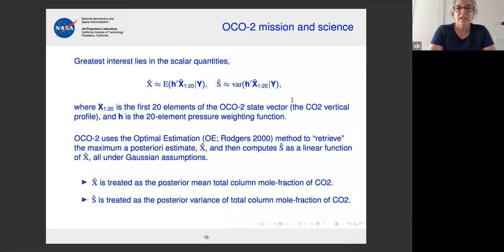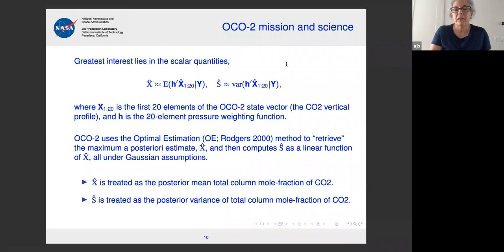So the team has decided that the actual data product that will be reported, remember I called that X hat, which is our estimate, a posterior estimate of the state vector. OCO2 uses a retrieval methodology called optimal estimation, which is basically a computational implementation of Bayes' rule to try to estimate X hat, the state vector given the radiances y.